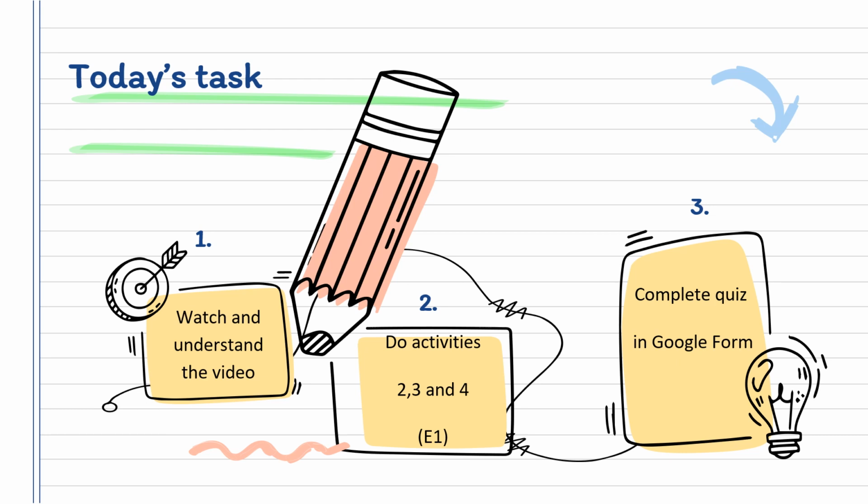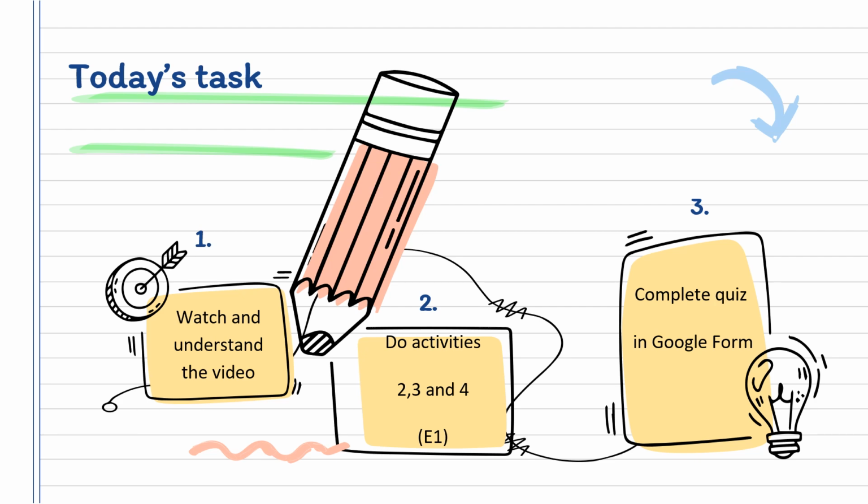After you have done activity number 2, number 3, and number 4, I want you to screenshot that page and send it to the Telegram group. And then the third one, to test whether you understand today's lessons or not, I want you to answer the quiz from the Google Form link.